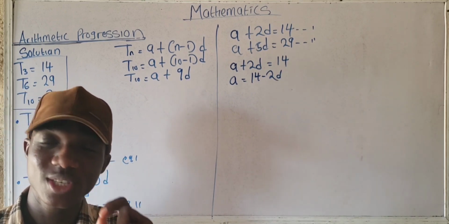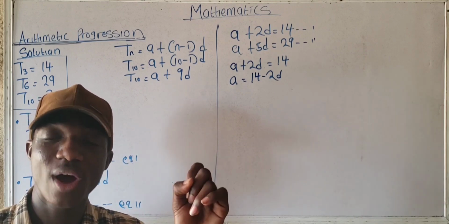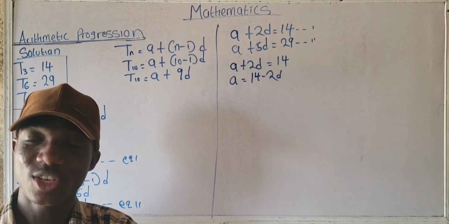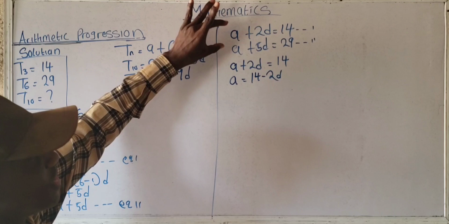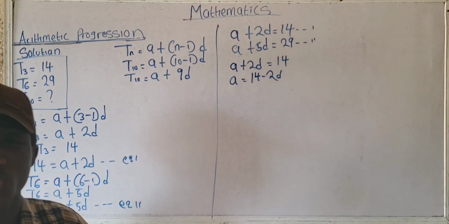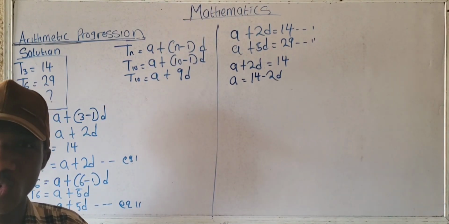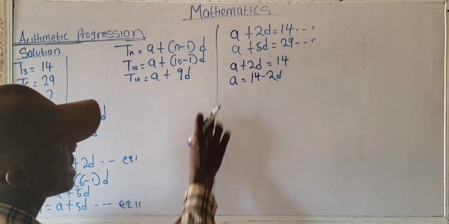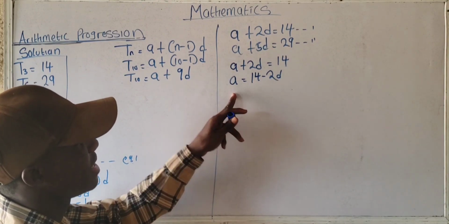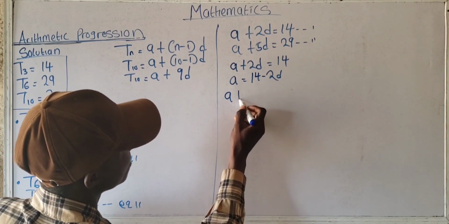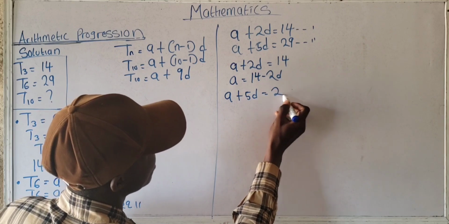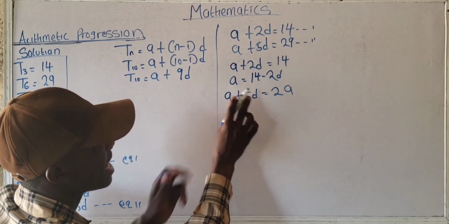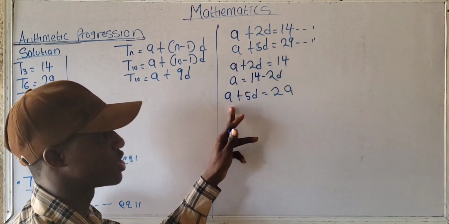If you substitute that value of A into equation 1, you won't get the right answer. Equation 2 is A plus 5D equals 29. So I'm going to substitute A as 14 minus 2D into equation 2.